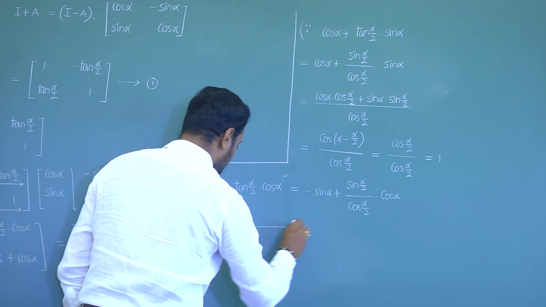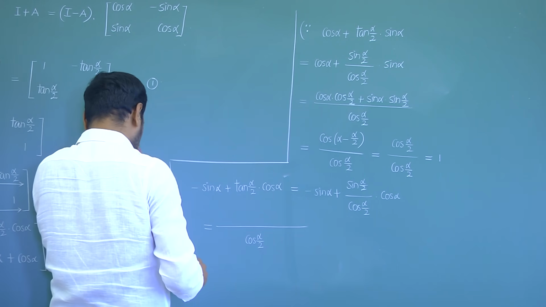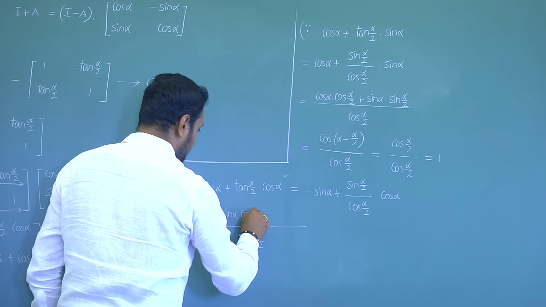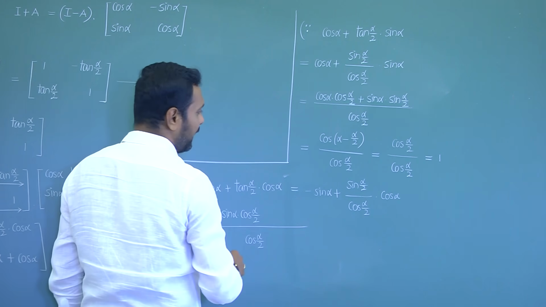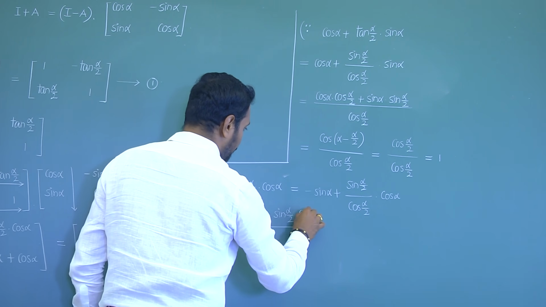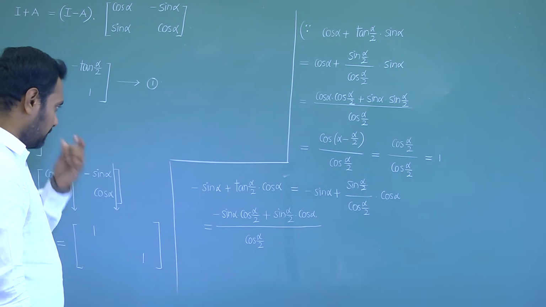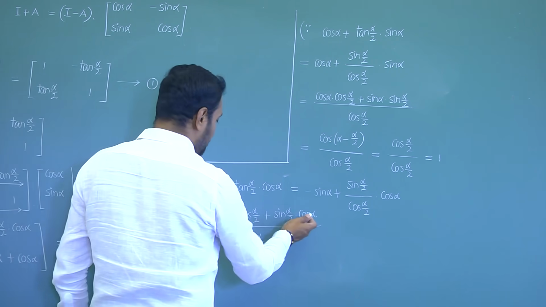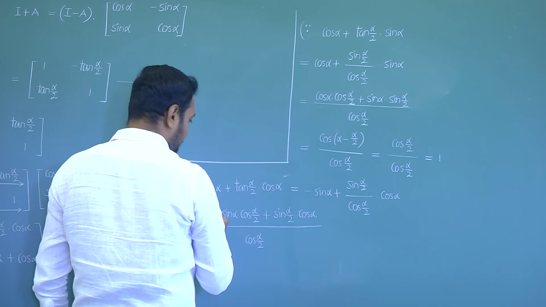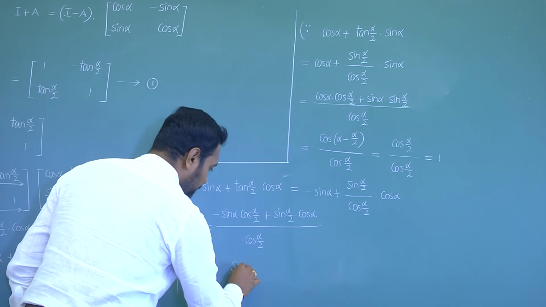The LCM of these two terms is cos alpha by 2. If you cross multiply, minus sin alpha into cos alpha by 2 plus sin alpha by 2 into cos alpha. Now, sin A cos B minus cos A sin B is sin of A minus B.